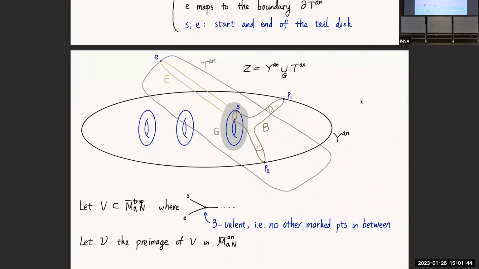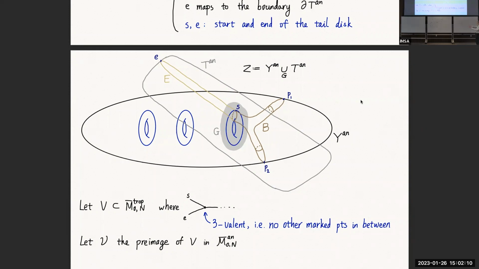And in order to do that, we should also be a bit careful about the modulus of this pointed curve. So we want to consider the subset of the moduli space. Let's first consider the tropical moduli space. We want to consider the subset where this S leg and the E leg are connected to the same three-valent vertex.